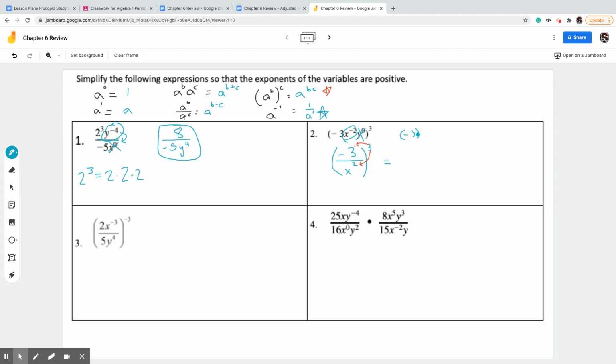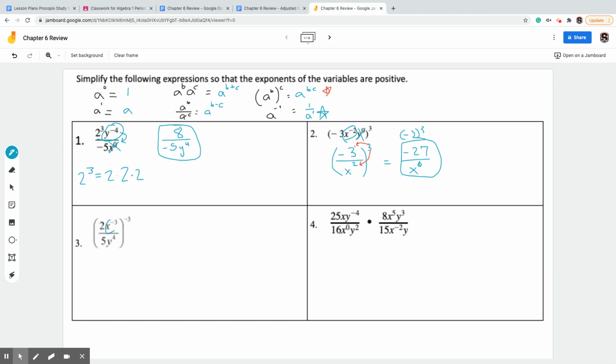Negative 3 cubed means I'm taking the negative 3 multiplying itself 3 times. Negative 3 times negative 3 times negative 3 is negative 27 over x squared to the 3rd is going to be 2 times 3 is 6. Nothing I can simplify further. That's your answer.